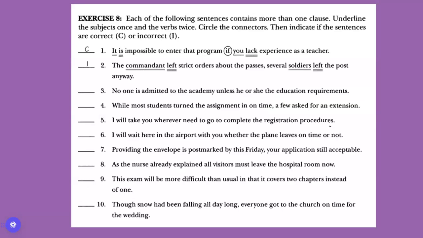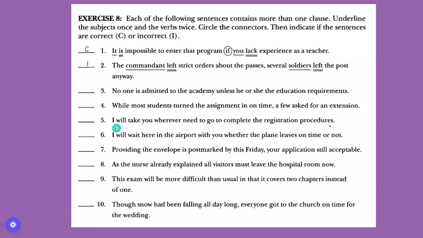Let's see if we have subject and verb on both sides. Most students turned the assignments on time, subject, verb. A few asked for an extension, subject and verb. This sentence is complete, it is correct.